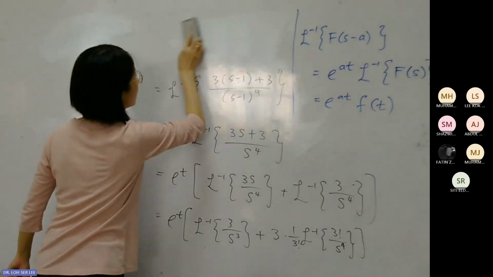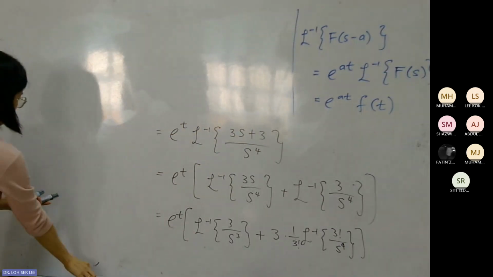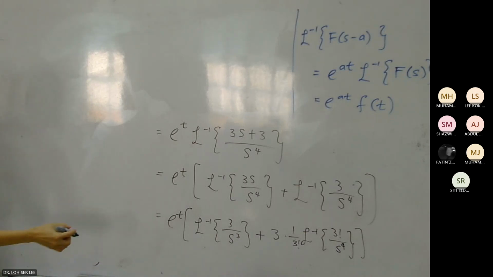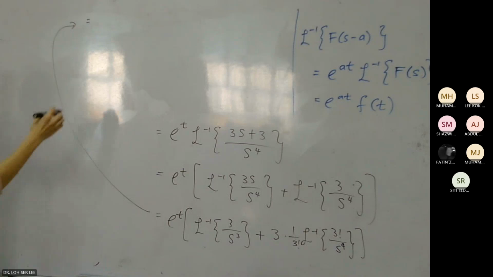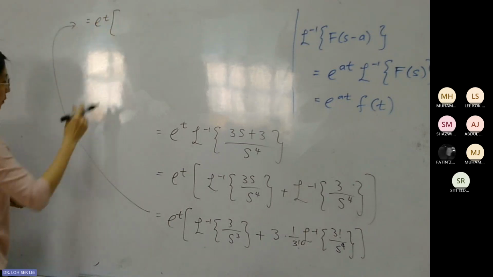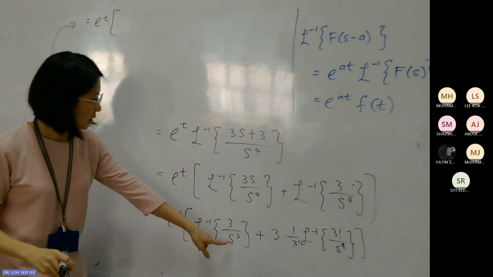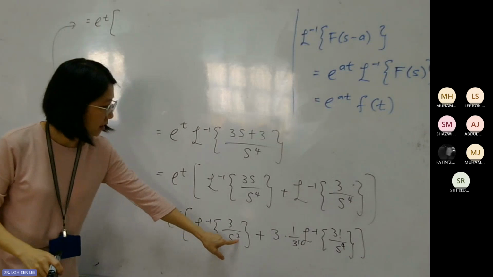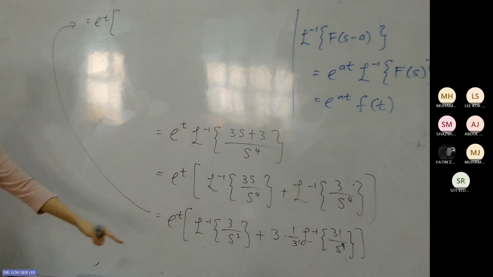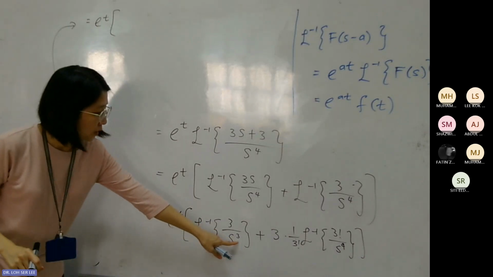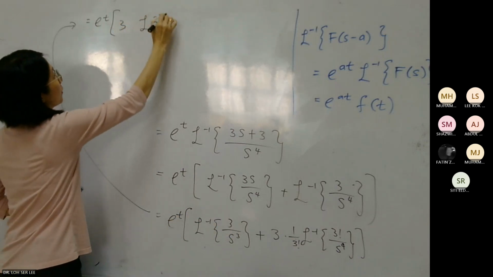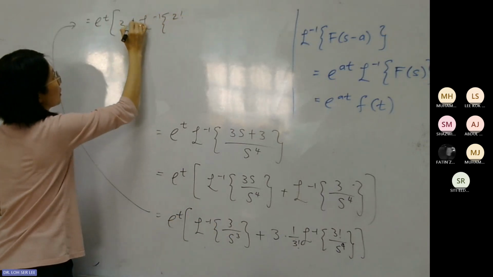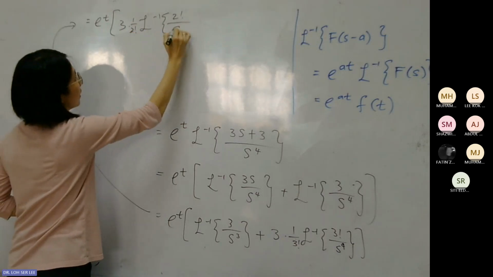Continue here. So e^(t). Inverse Laplace of this, n is 2. So we need a 2 factorial at the top. Take out the 3. Insert the 2 factorial. So here divide by the 2 factorial outside.